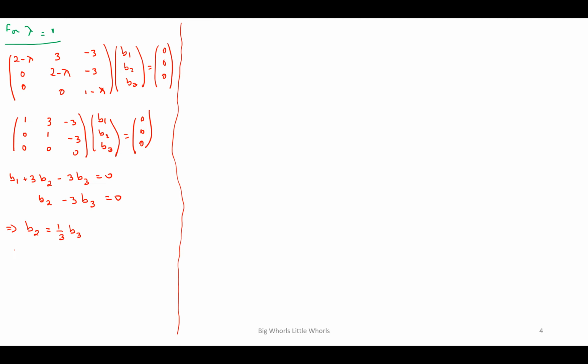And when it comes to row 1, we have b1, which is equal to minus 3b2 plus 3b3.